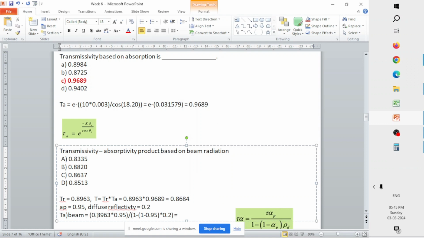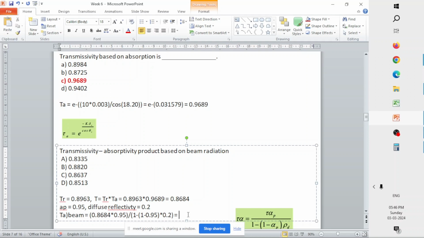So this tau value is not tau r, it is tau. Here the value of tau is tau r times tau alpha. Here we have to take both the components due to reflection refraction as well as the absorption into consideration when you substitute the value of transmissivity. So it's 0.8684.